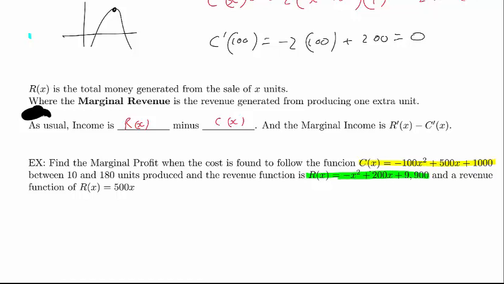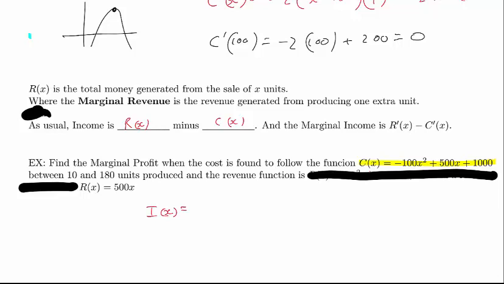Hold on, looks like we got a typo. I have the revenue function listed twice. Let's go ahead and blur one of them out. There we go. All right, so we got a revenue function there. So what is our income function?